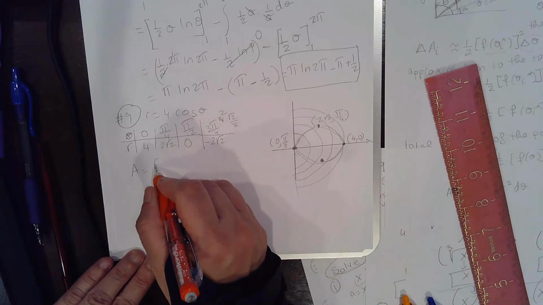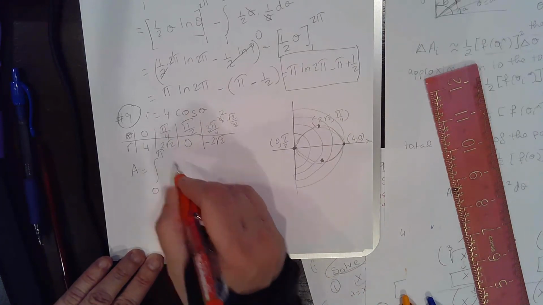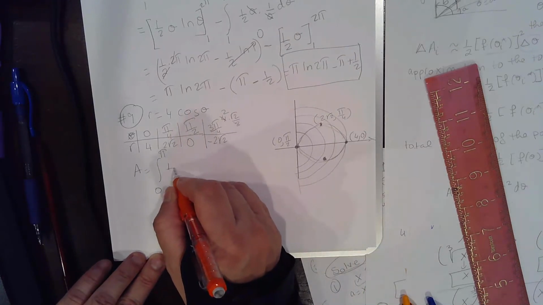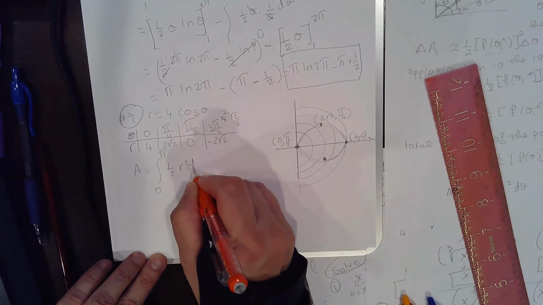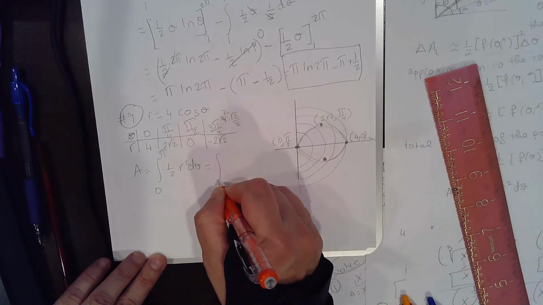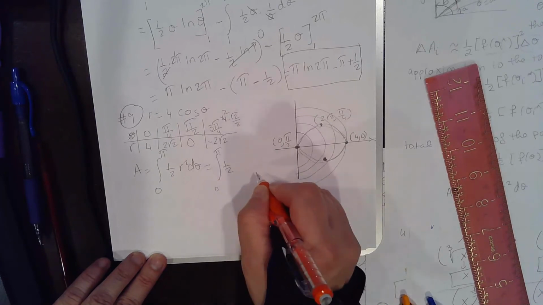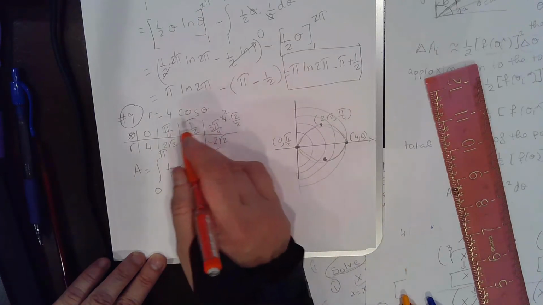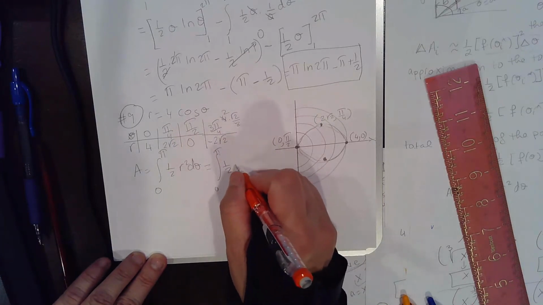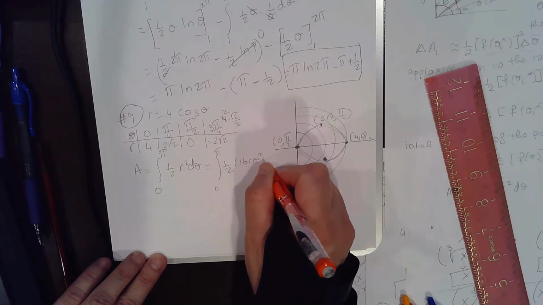So it's the integral from 0 to pi of 1/2 r squared d theta. So that's the integral from 0 to pi of 1/2 r squared, which is the square of this, 16 cosine squared theta d theta.